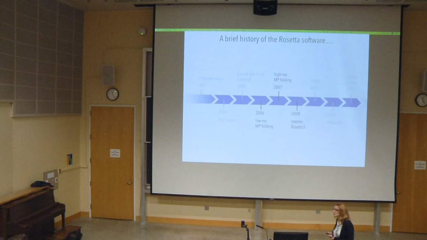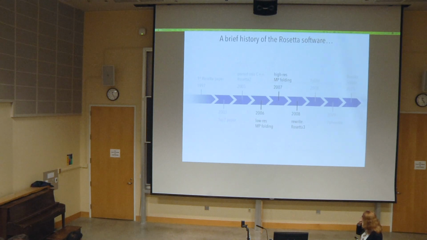Also, one of the reasons why this needed to be done is the following. Historically, in 2006 and 2007, the de novo structure prediction protocols and the score functions were implemented into Rosetta, and this happened right before a major rewrite happened. So most of the new frameworks that are available for structure prediction were implemented after that.